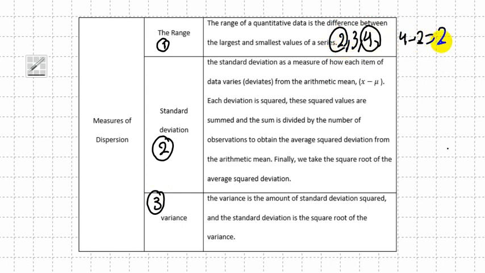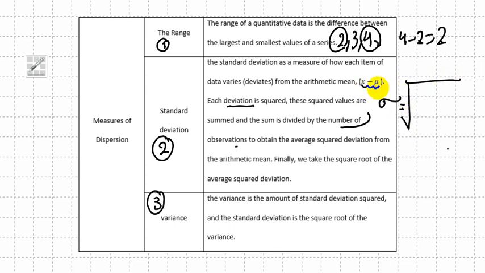The standard deviation is a measure of how each item of the data varies from the arithmetic mean. Each deviation is squared, these squared values are summed, and the sum is divided by the number of observations. So the formula to find the standard deviation equals the square root of the following.